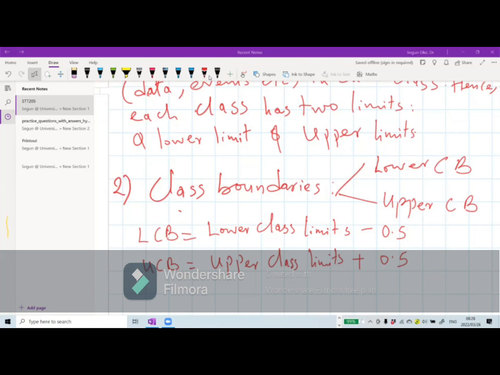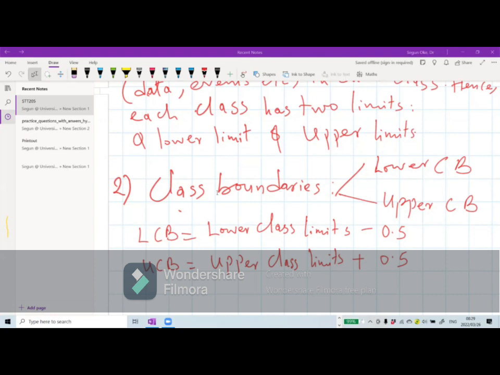So I was asking, I joined the class when you were saying that when it is the lower class limit, you minus 0.5, and when it's the upper class limit, you add 0.5. My question is, when will you do that calculation to add or minus?